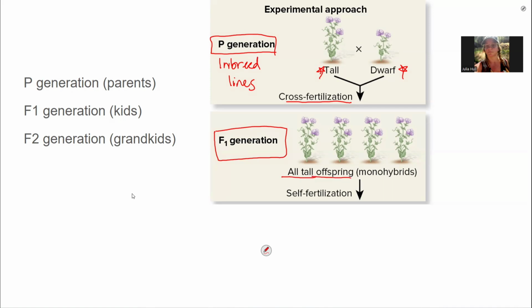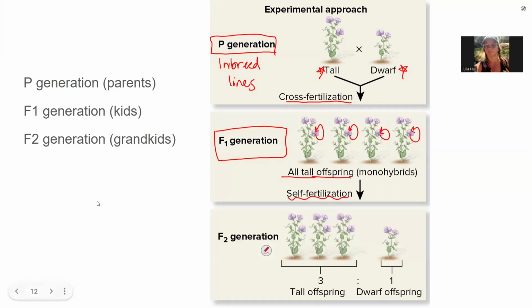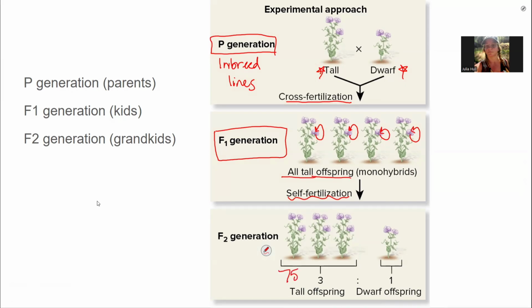So then he took pollen from this flower and did this process of self-fertilization. And what he found was that 75% of the resulting offspring of this self-fertilization ended up being tall, but 25% were short.